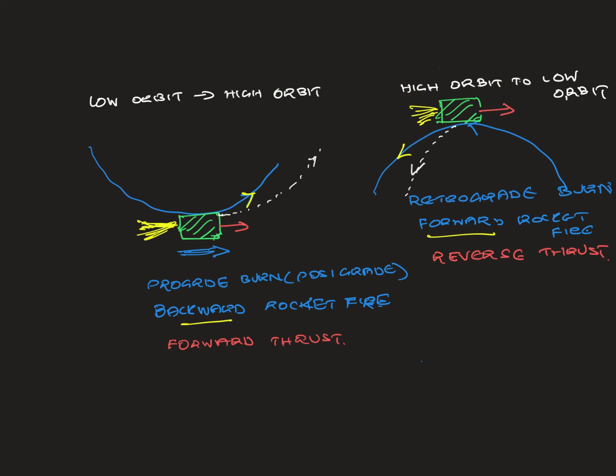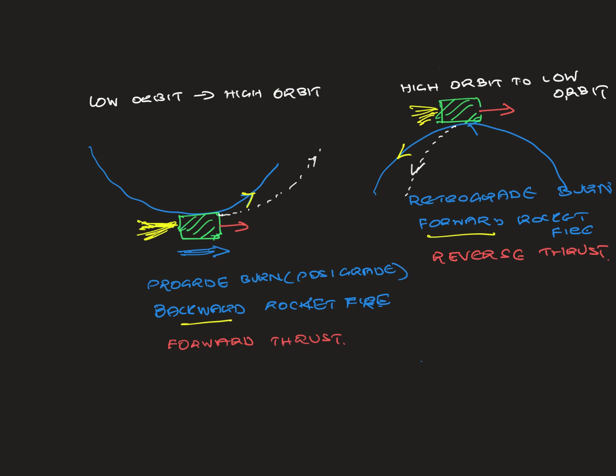And in this situation, we have to provide a forward thrust that is in the direction of the motion. That means that we have to fire the rockets backward. So for a forward burn or prograde burn, we fire the rockets backward so that we are adding thrust in this direction. And for retrograde, we have to slow down the satellite so that it can go into a smaller orbit.